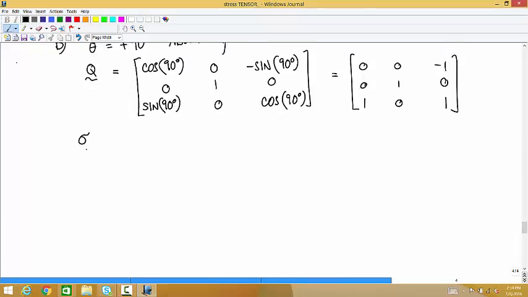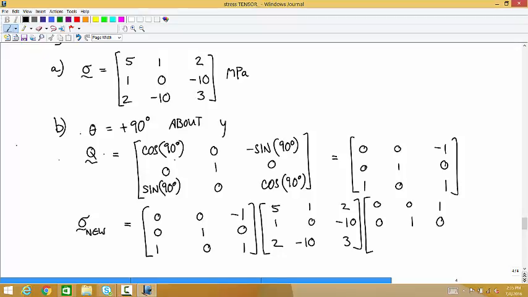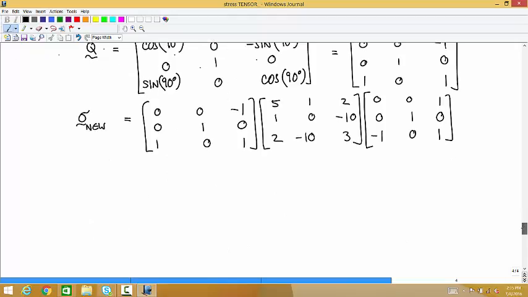And so the stress tensor in the new coordinate system is equal to that Q times the old stress tensor that we already calculated, that's 5, 1, 2, 1, 0, negative 10, 2, negative 10, positive 3, times the transpose of Q. So doing the rows, that's 0, 0, 1, 0, 1, 0, negative 1, 0, 0.